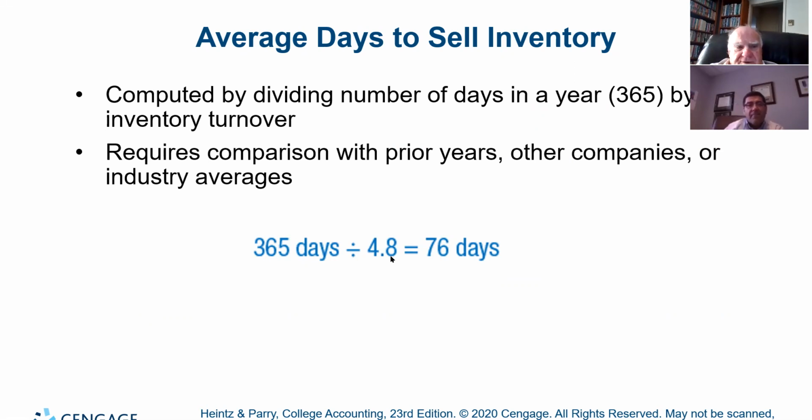So what did this tell us? This company takes 76 days to sell their product from the time it arrives at their store or their warehouse. And then it takes them another 38 days to collect. So 76 is exactly double 38. Isn't that something?